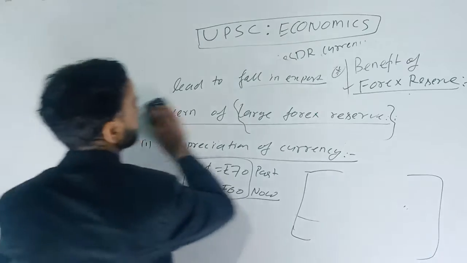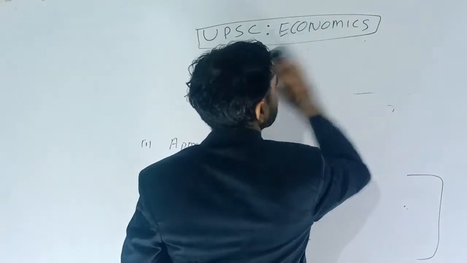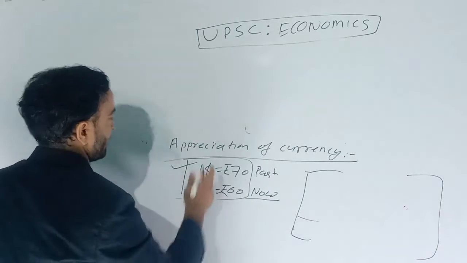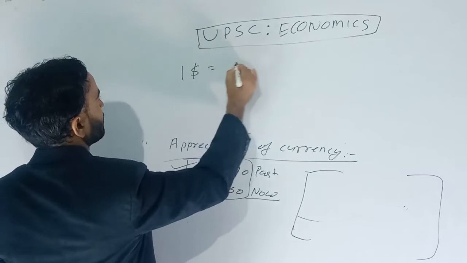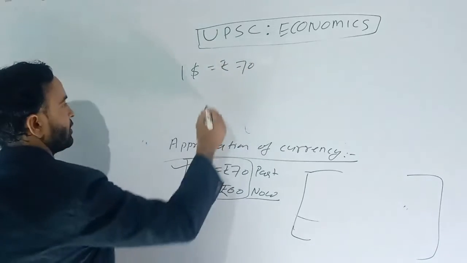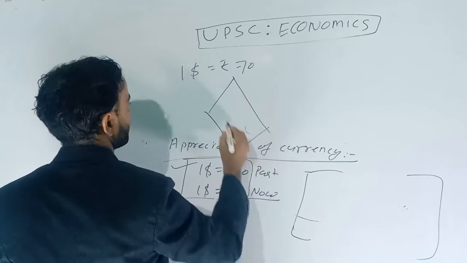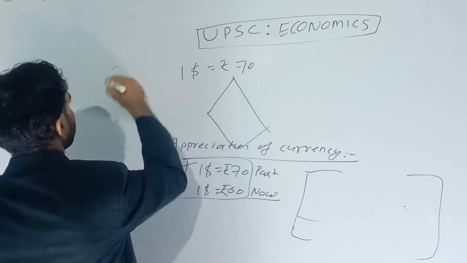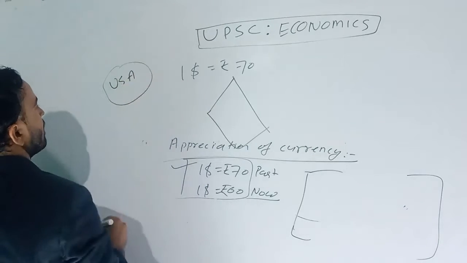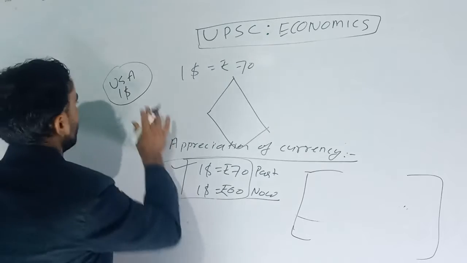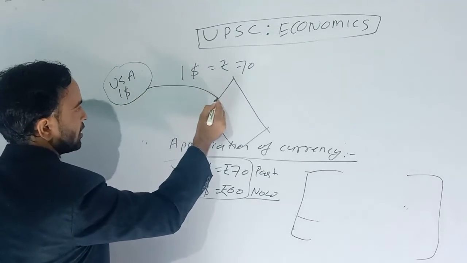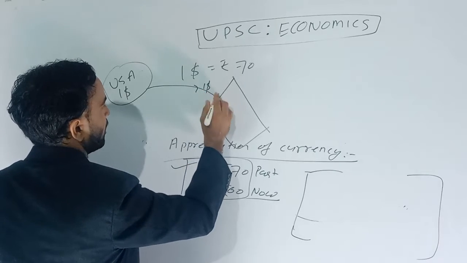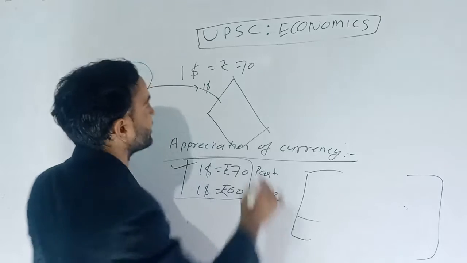See here. I have told you $1 equals 70 rupees. Now, let's suppose $1 equals 70 rupees. This is, let us suppose, India. From here, it is USA. A USA person came to India and buys many things with $1, that is 70 rupees.